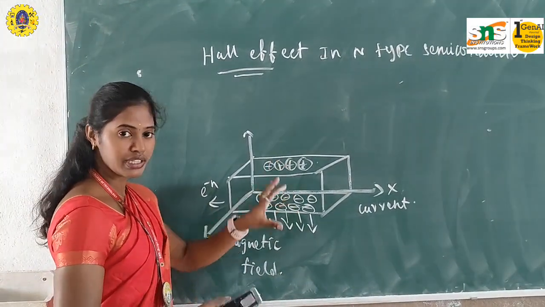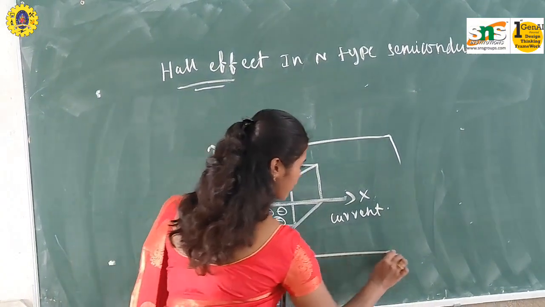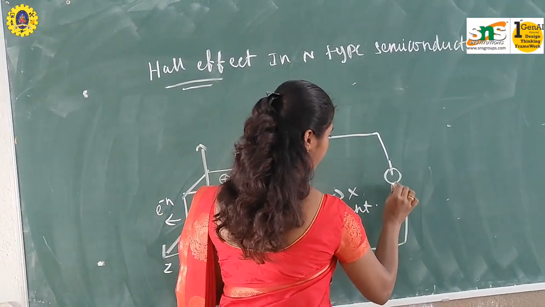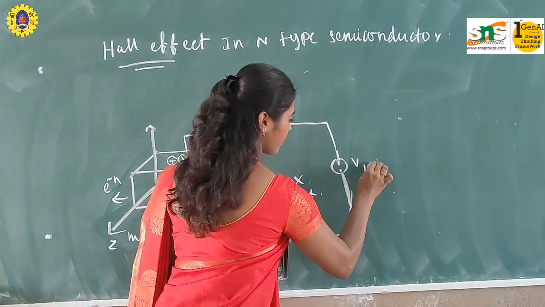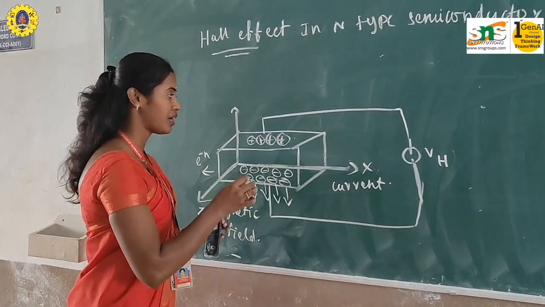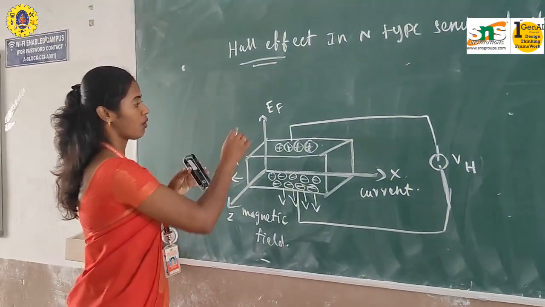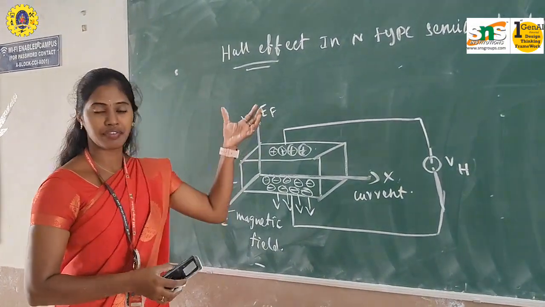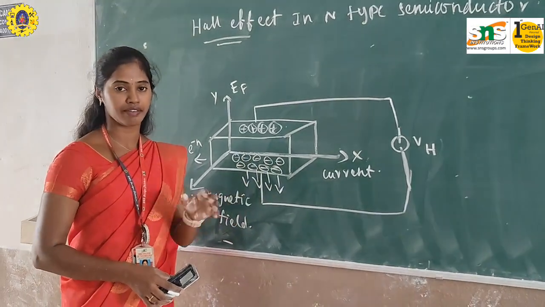Due to this potential difference, the Hall voltage is developed and the electric field rises in the positive y direction. So this is the Hall effect in N-type semiconductor. The derivation will be explained in later videos. Thank you.